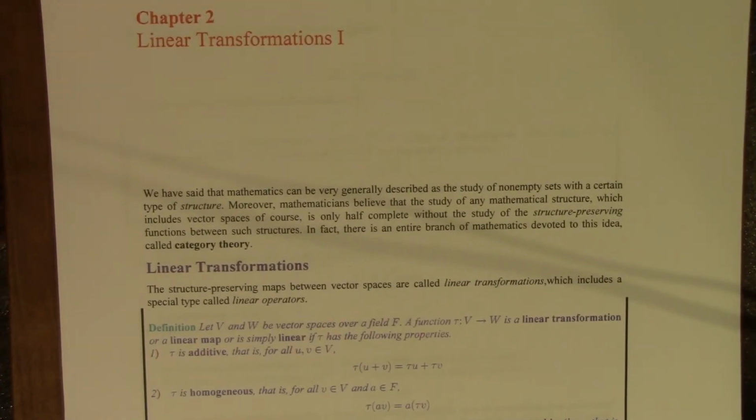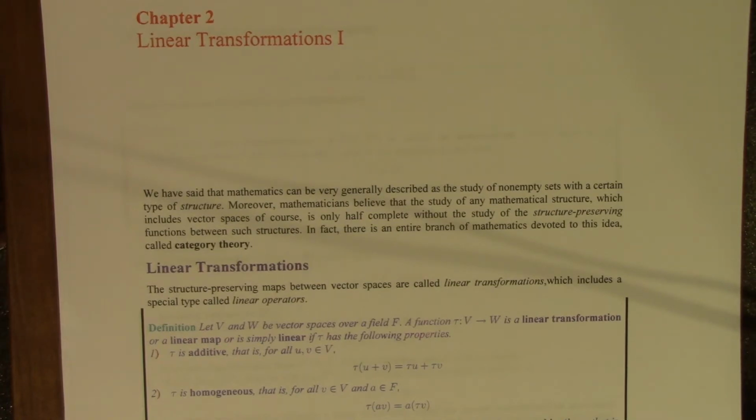I said in an earlier lecture that mathematics can be very generally described as the study of non-empty sets with a certain type of structure. Mathematicians believe that the study of any mathematical object or any mathematical structure, and that of course includes vector spaces, is only half complete without a careful look at the structure-preserving functions between such structures.